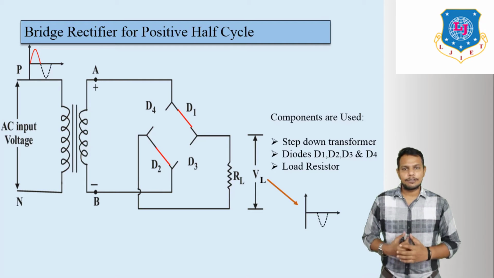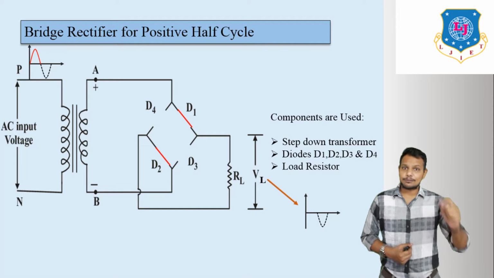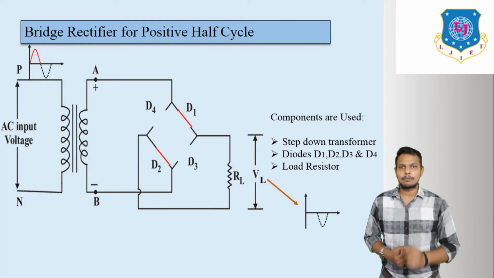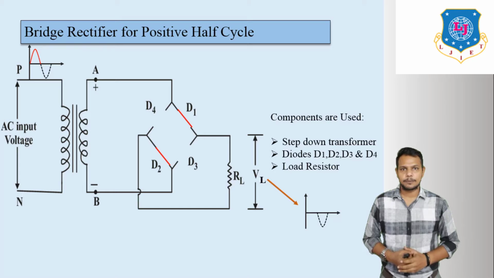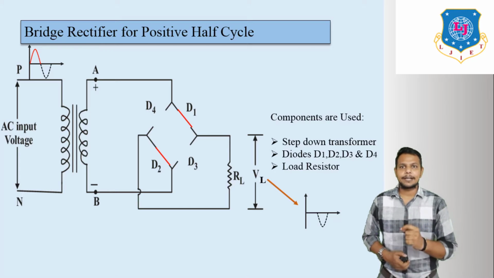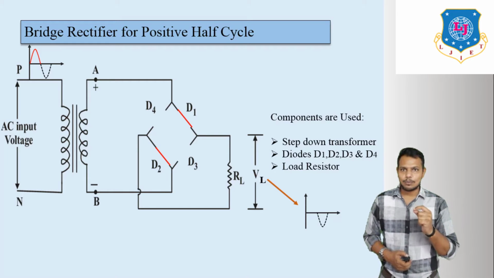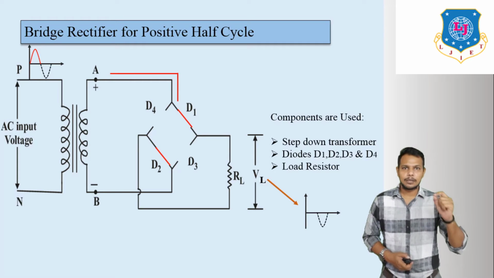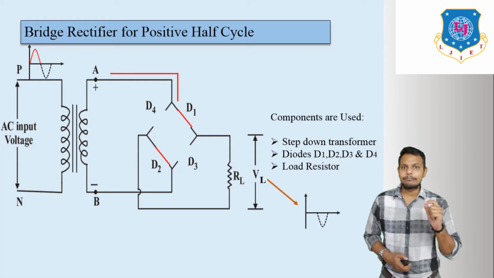Here we are going to discuss the flow of current, and with this flow of current, two diodes at a time work in forward bias. That means a closed switch. So let us discuss: if we enter current plus to minus, your current flows in this direction and goes through the direction of diode D1's symbol.